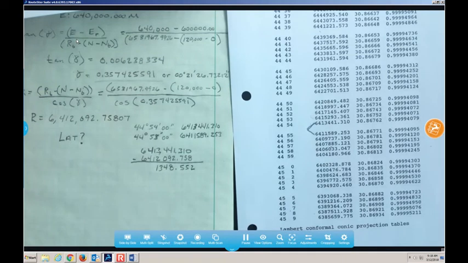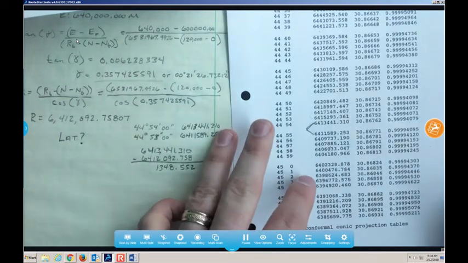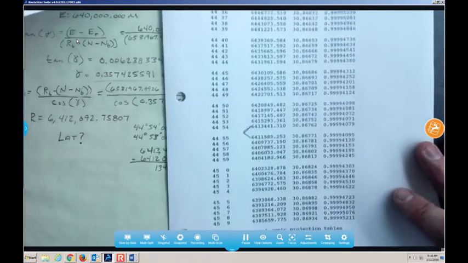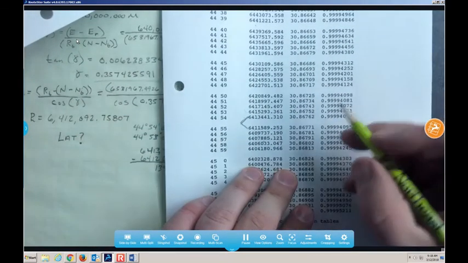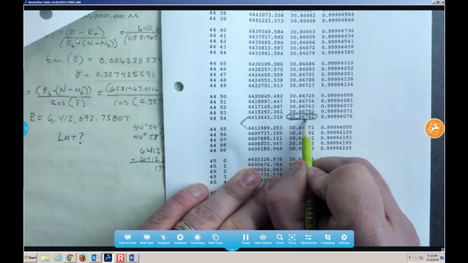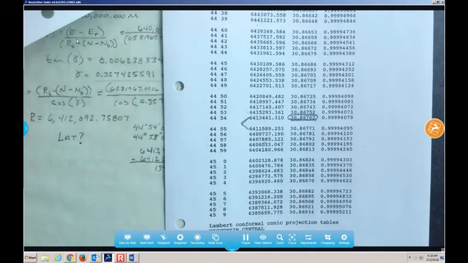Now what do I do with that number? There's another thing in here that we're going to need to use, and that is this number right here. That number is the difference per minute in meters.